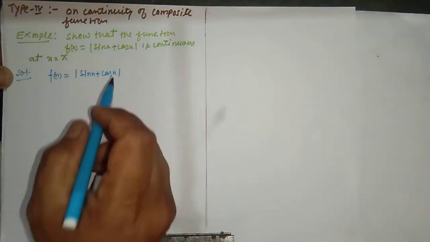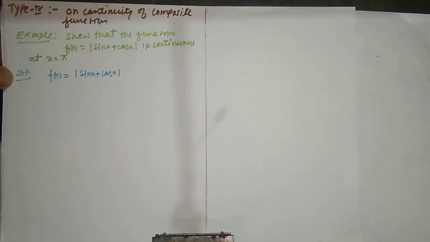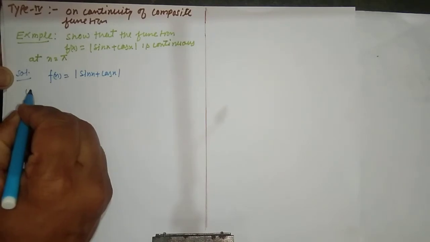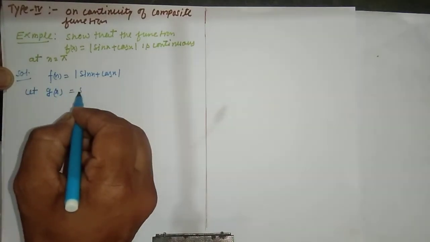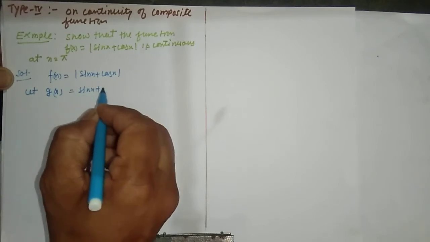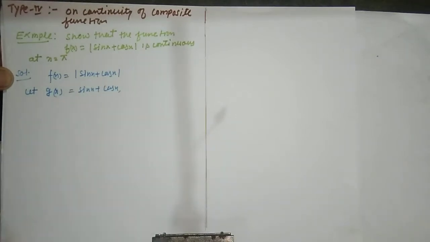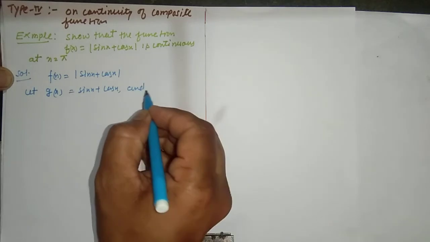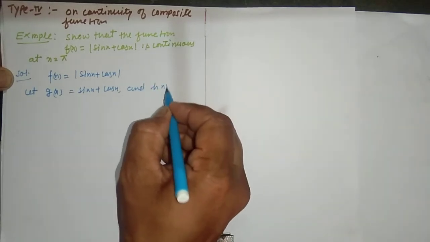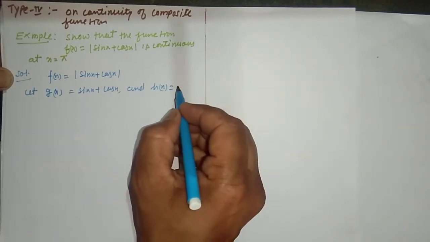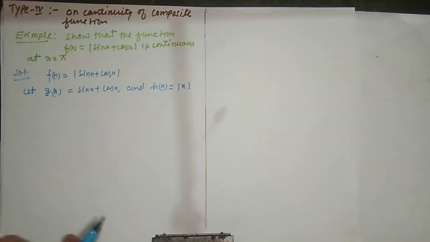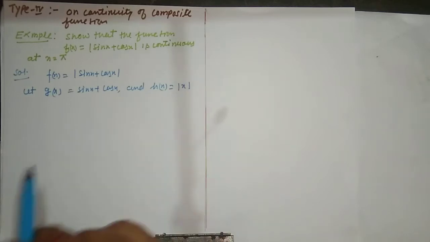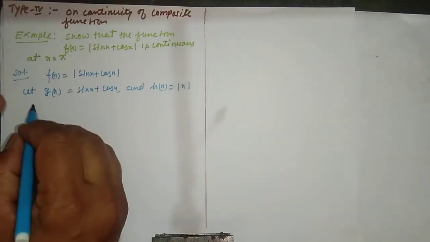This function is not a single function, this is a composition of functions. Let g(x) is equal to sin x plus cos x, and let another function h(x) is equal to modulus of x.